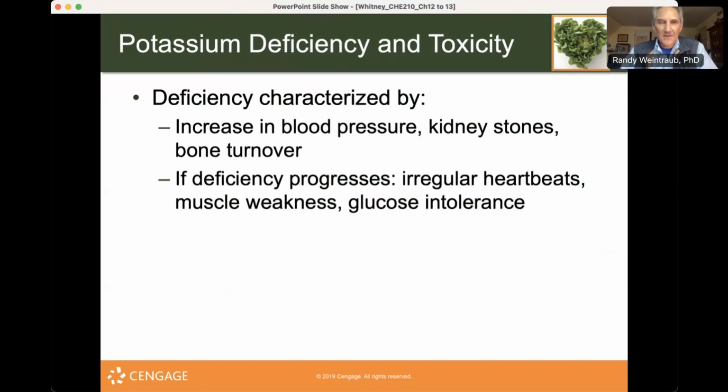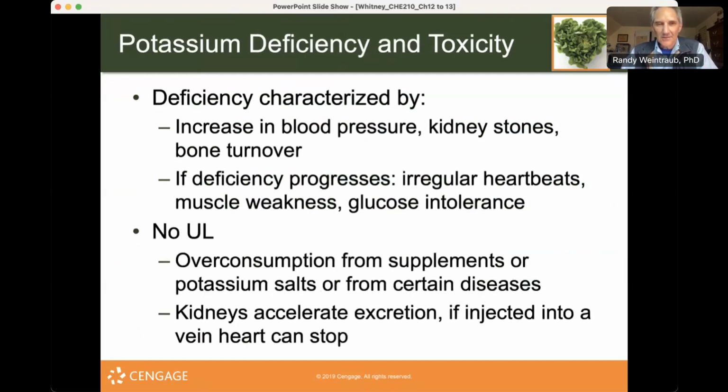Irregular heartbeats, muscle weakness, and glucose intolerance could follow. There's no upper limit, so overconsumption of these salts is not necessarily dangerous. Kidneys accelerate the excretion.